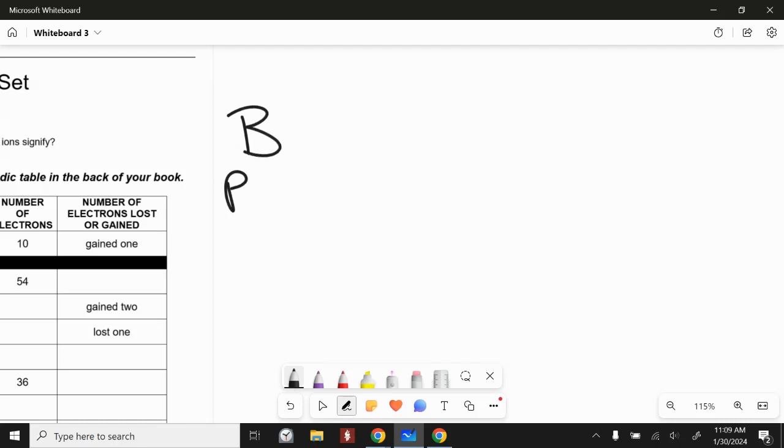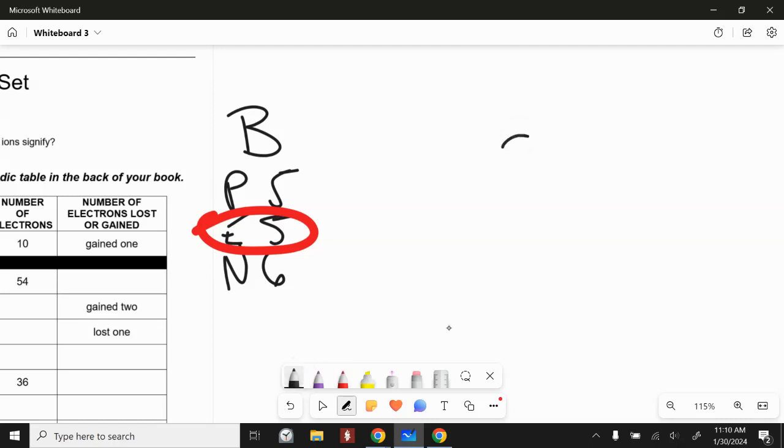Boron is, that's an E, by the way, 5 protons, 5 electrons in its neutral state, and 6 neutrons. Again, only focusing on my electrons because we're talking about ions.